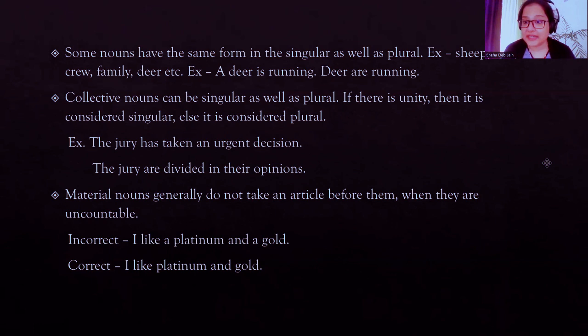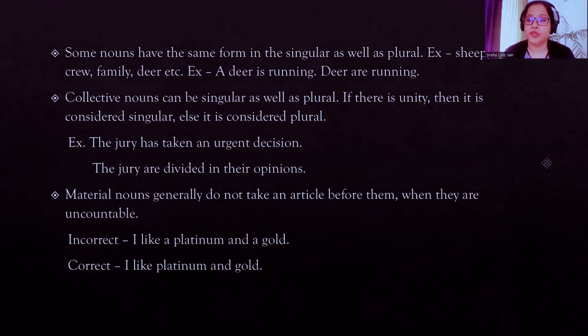Crew, deer, family. Collective nouns can be singular as well as plural. So for all the collective nouns, you can have them as singular and as plural, depending on the situation and depending on the noun. If there is unity, then it is considered singular.